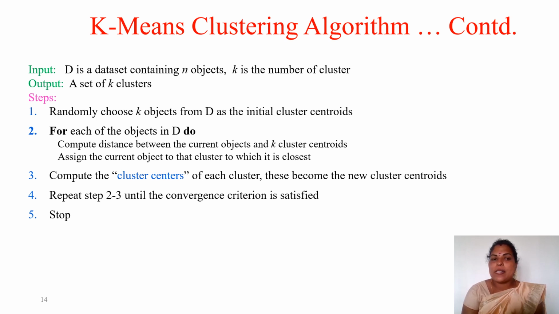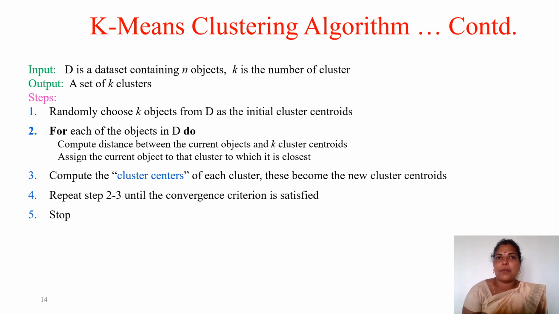Then we have to compute the cluster centers of each cluster, because in the second step we grouped each and every object based on the initial clusters. Based on that we found the distance, then found which cluster it belongs to.